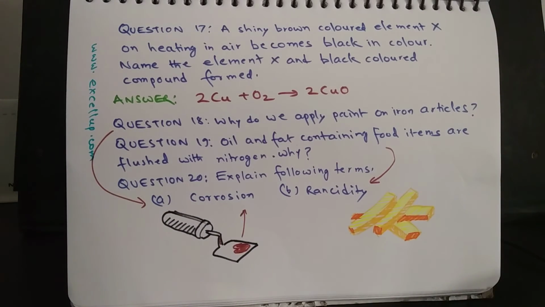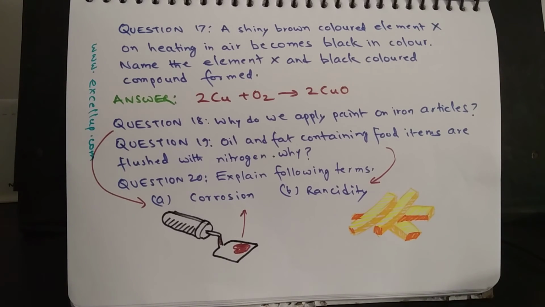When an iron article is exposed to air, it reacts with atmospheric moisture and oxygen to produce a compound of iron, and that appears in the form of a deposition of a brown layer on the iron article, and that brown layer is called rust. This process is called rusting of iron.